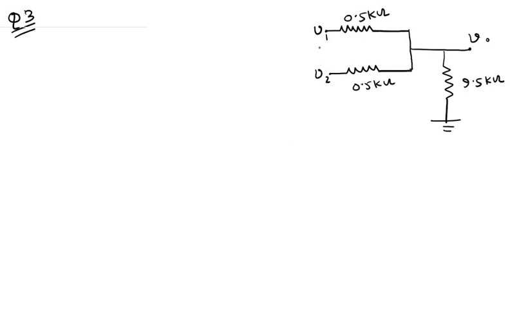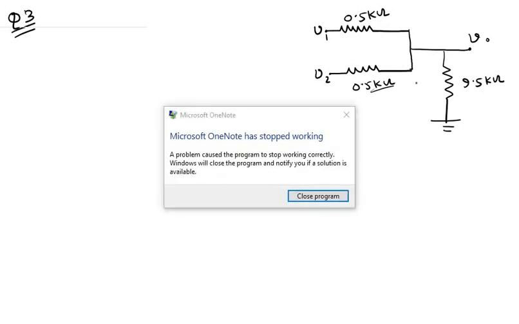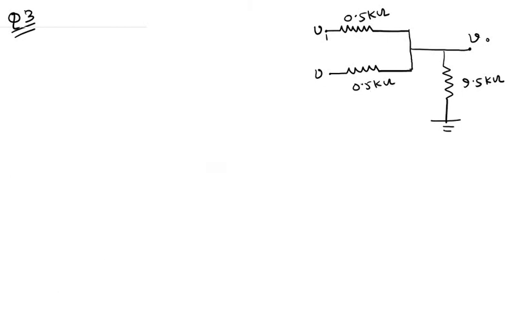We are provided with a voltage V1 here and V2 over here, and we have two resistors of 0.5 kilo ohms each, and then there is a resistor which is 9.5 kilo ohms over here, and we are asked to find out this output voltage V0 for 4 different cases.